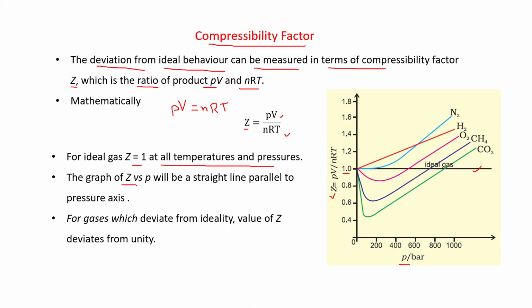The graph of Z versus P will be a straight line parallel to the pressure axis. And for gases which deviate from ideality, the value of Z deviates from unity. That is, for real gases, Z is not equal to 1. It may be less than 1 or it may be more than 1.